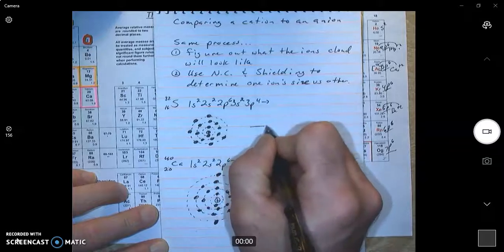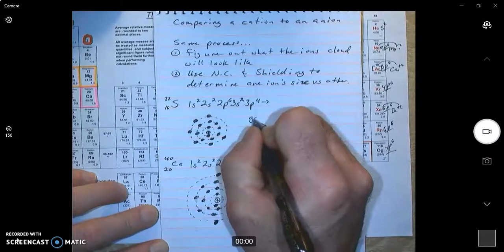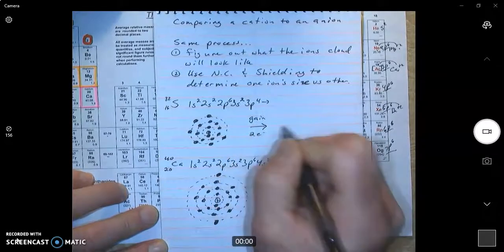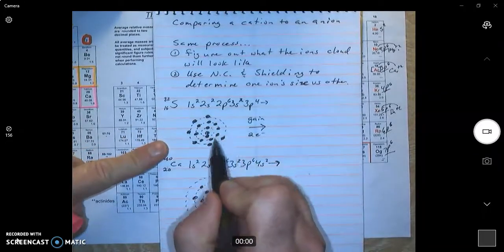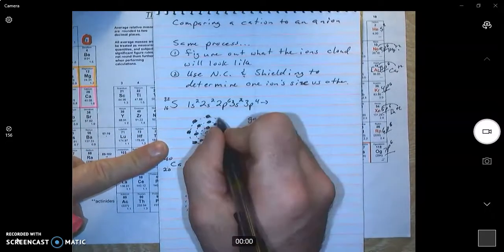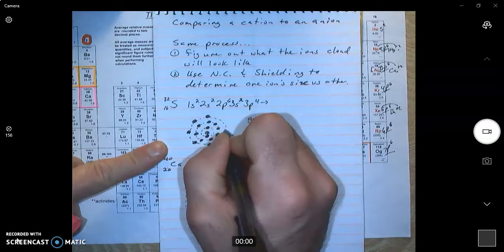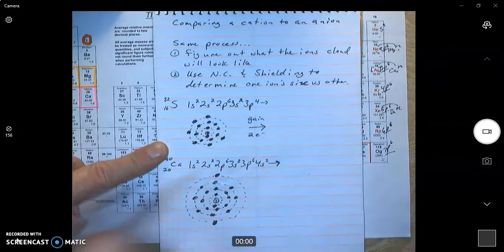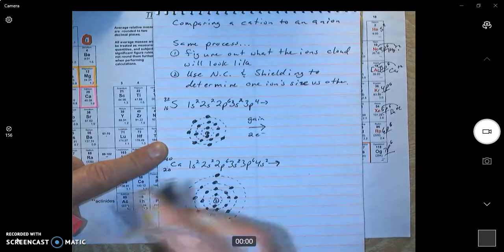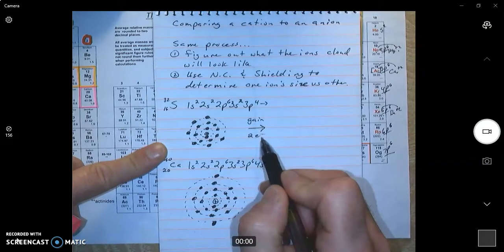This atom needs to gain 2 electrons. It's going to be easiest to fill the third energy level by gaining 2 electrons compared to trying to lose 6. Gaining 2 is easier than losing 6. So it's going to gain 2 electrons.